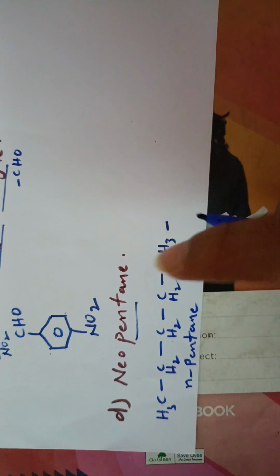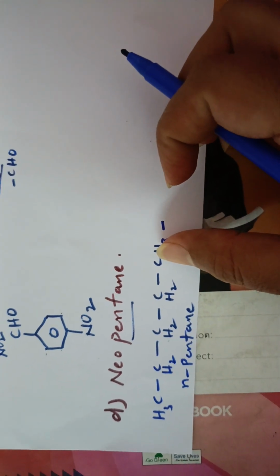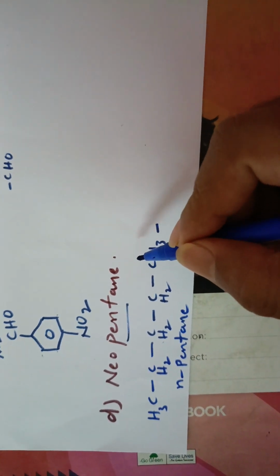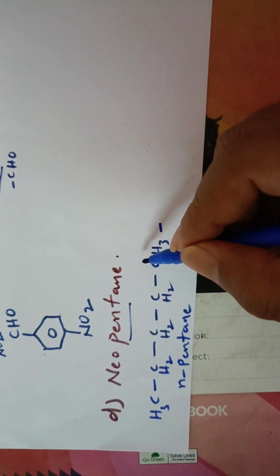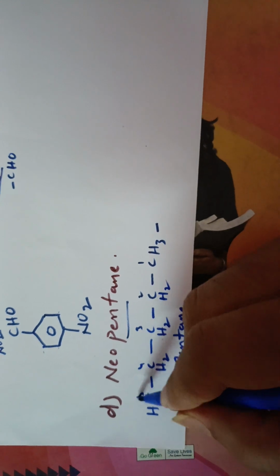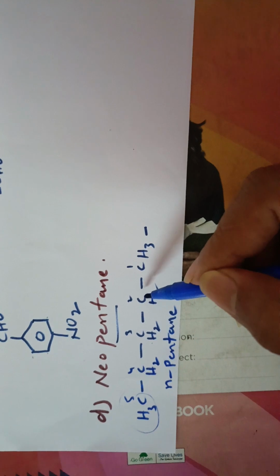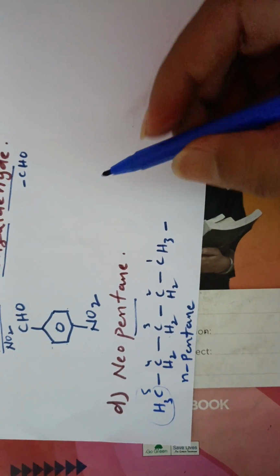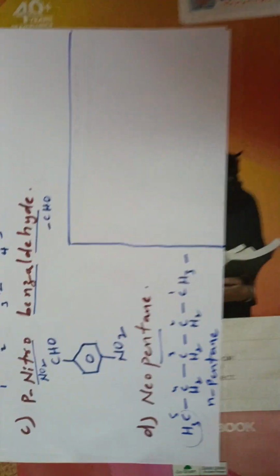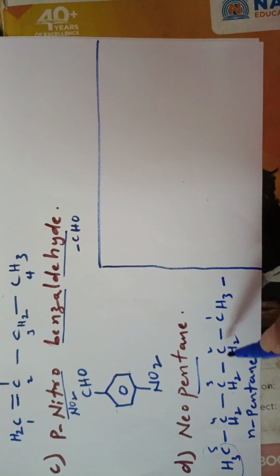Suppose you give the numbers 1, 2, 3, 4, 5, and at the second carbon a group is attached. Then how do I write this structure? I am writing 1, 2, 3, 4.